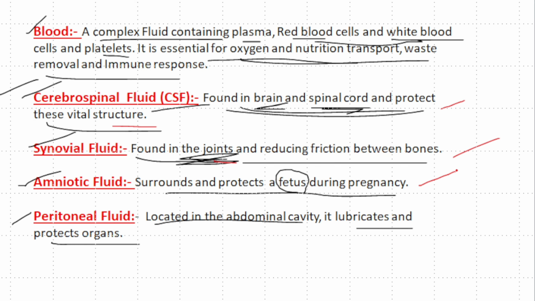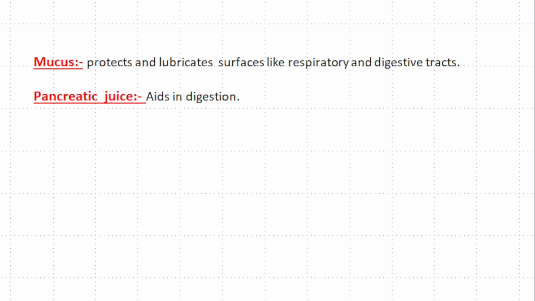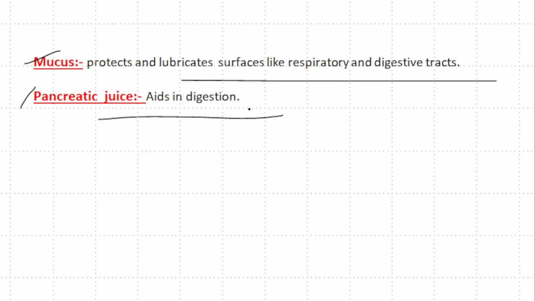Then amniotic fluid surrounds the fetus and protects it during pregnancy. Then peritoneal fluid is present in our abdominal cavity and lubricates and protects our organs. Then mucus protects and lubricates surfaces like the respiratory and digestive tract. And pancreatic juice aids in digestion.